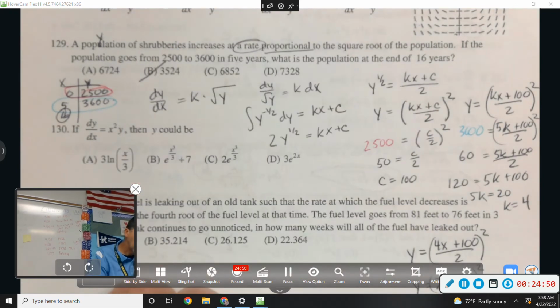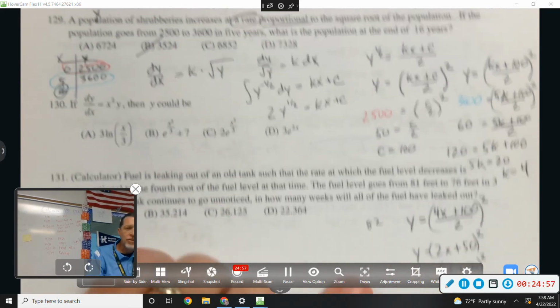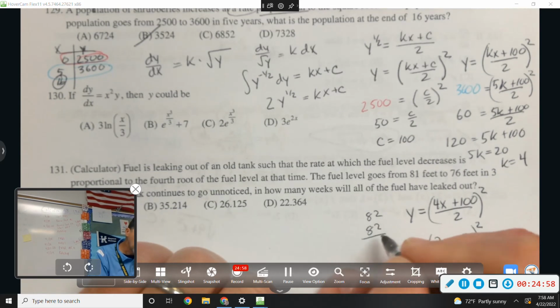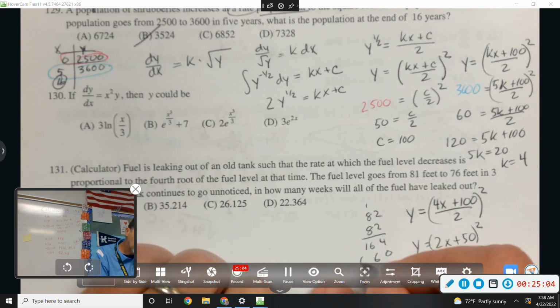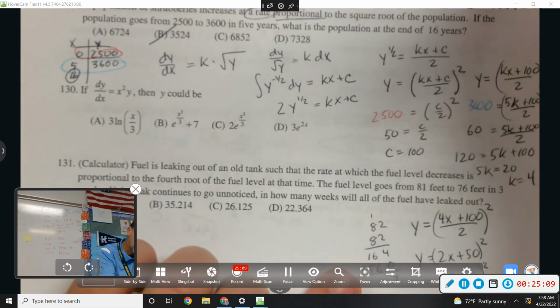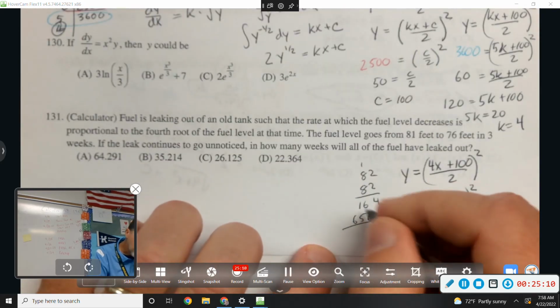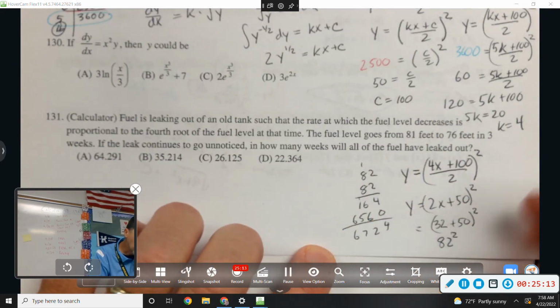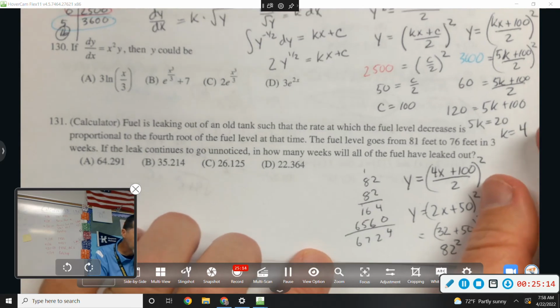I can throw out B. It didn't say calculator, so good old-fashioned 82 times 82. So is MC724 an answer? Yes, it is.